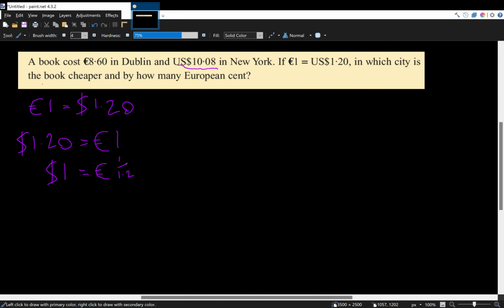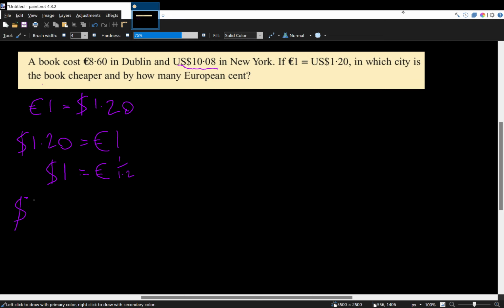Now we don't need to work out that fraction. We can use this fraction as it stands in our calculation going forward. We know what $1 is worth, but we need to know what $10.08 is worth. Well, since every one of them is worth 1 over 1.2, we can just multiply both sides of this by 10.08 to get our amount.